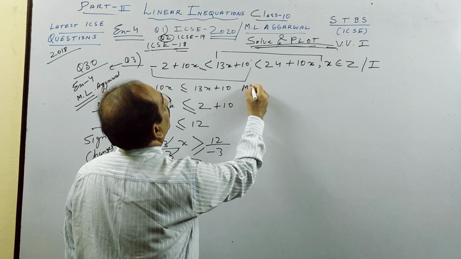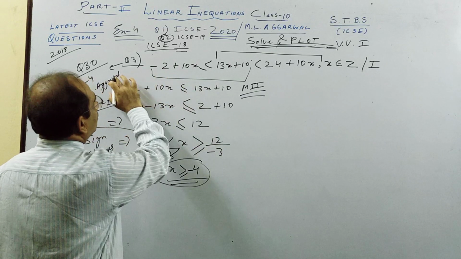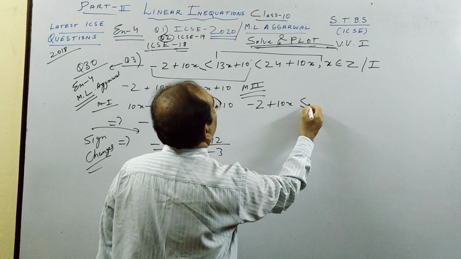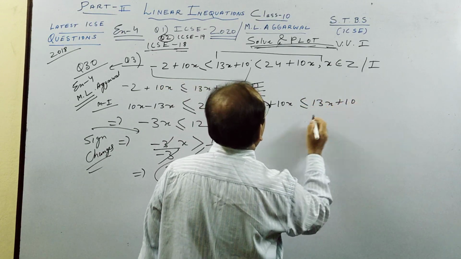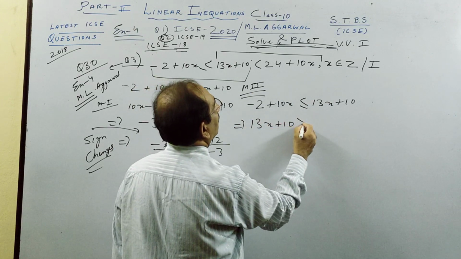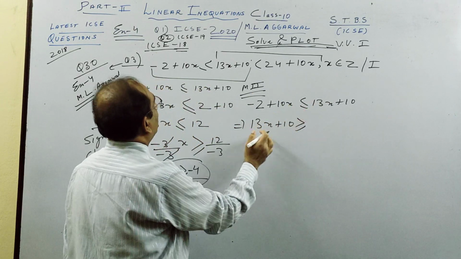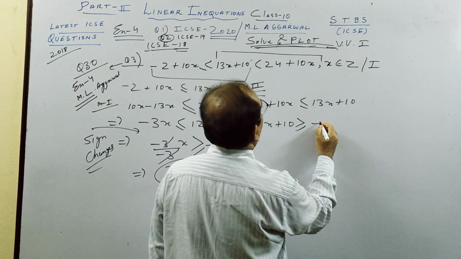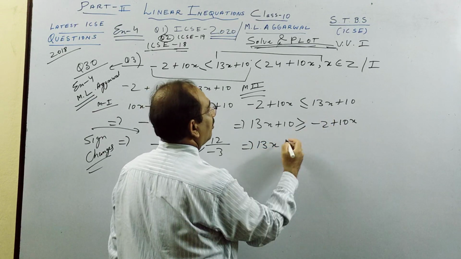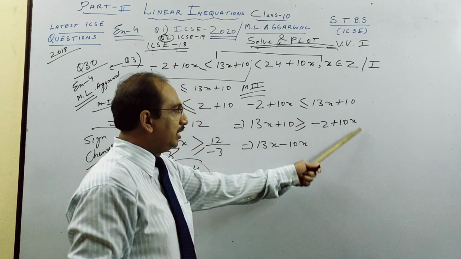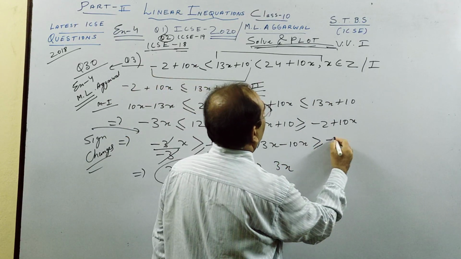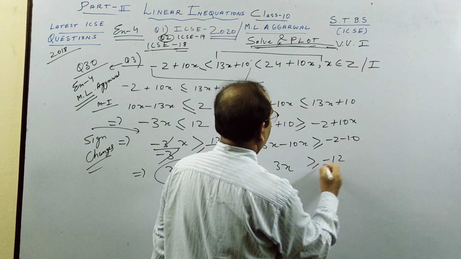Method 2, what I told you here, same thing you see. Minus 2 plus 10x is less than or equal to 13x plus 10. What I tell you, write this side 13x plus 10. This side the mouth is open, so less than becomes greater than. Minus 2 plus 10x. So here you see x is bigger. When you bring the bigger to the smaller, it will be positive. So what do you get? 3x. Here what happens? Minus 2 minus 10, minus 12.